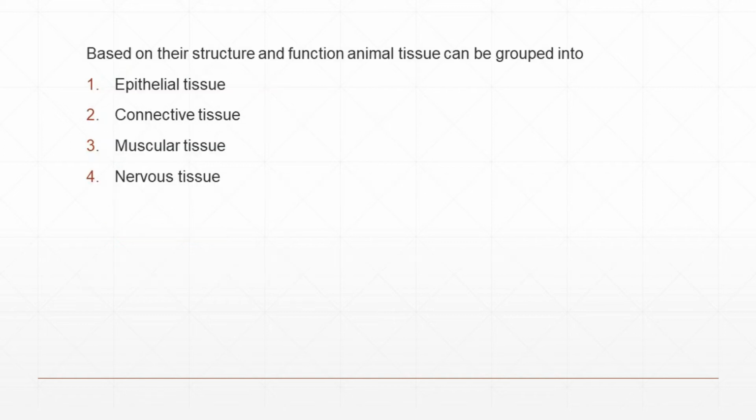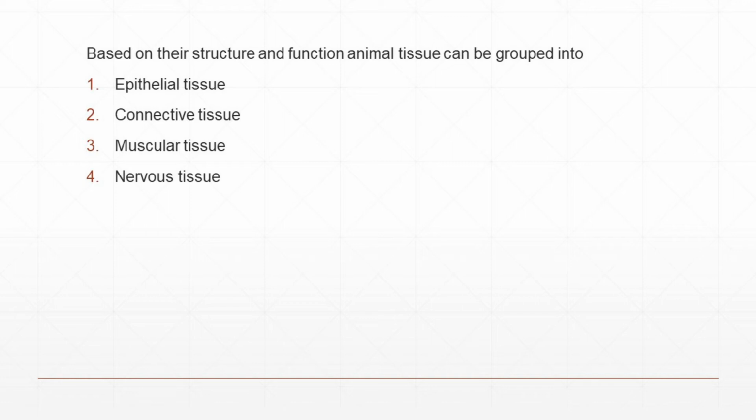Animal tissue can be grouped into 4 basic types on the basis of their structure and function. That is epithelial tissue, connective tissue, muscular tissue and nervous tissue. Now let us learn one by one.